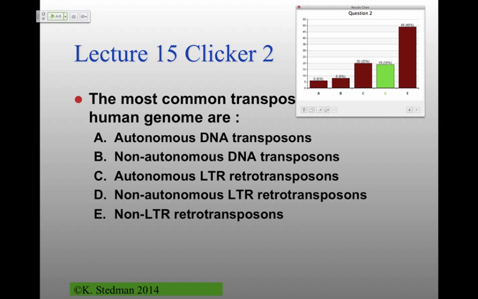If you're a retrotransposon, then you have a reverse transcriptase and either an integrase, which is what you have with the LTR transposons, or an endonuclease, which is what you have with these non-LTR retrotransposons, which again are the most common. And it turns out that the SINEs are actually even more common than the LINEs, probably because they're parasites. These are the non-autonomous, non-LTR retrotransposons, but there wasn't enough space on the slide to put that whole thing in.